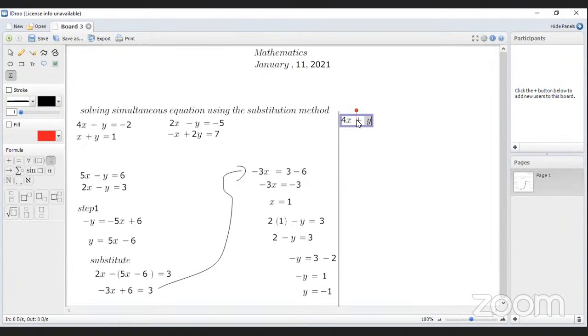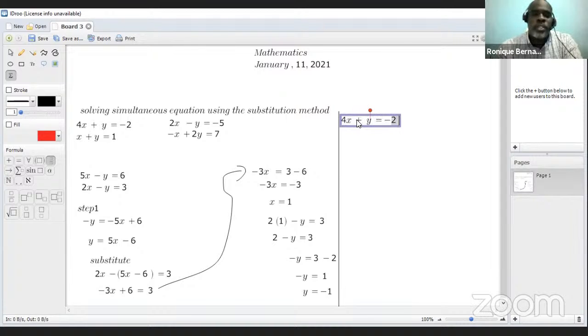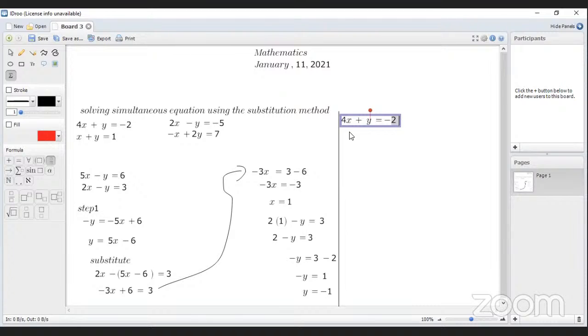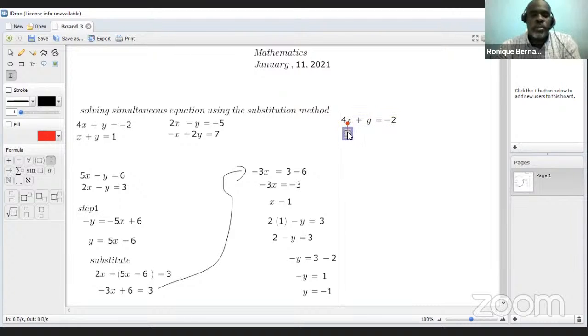No, sir, it's number two, but it is one of the questions. 4x plus y equals negative 2. Then x plus y is equal to 1.